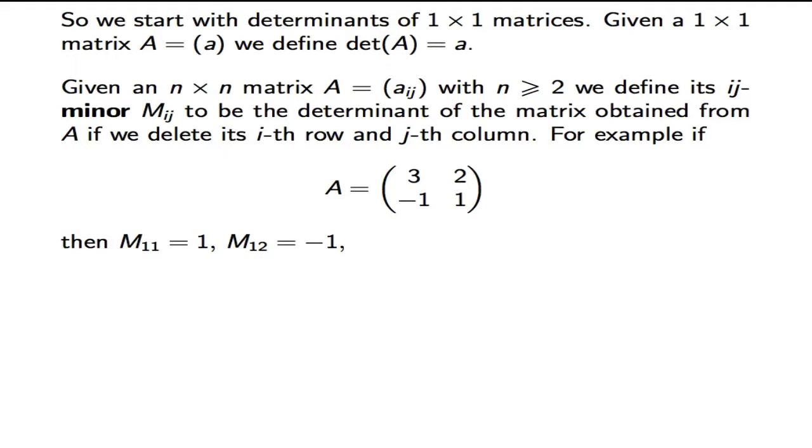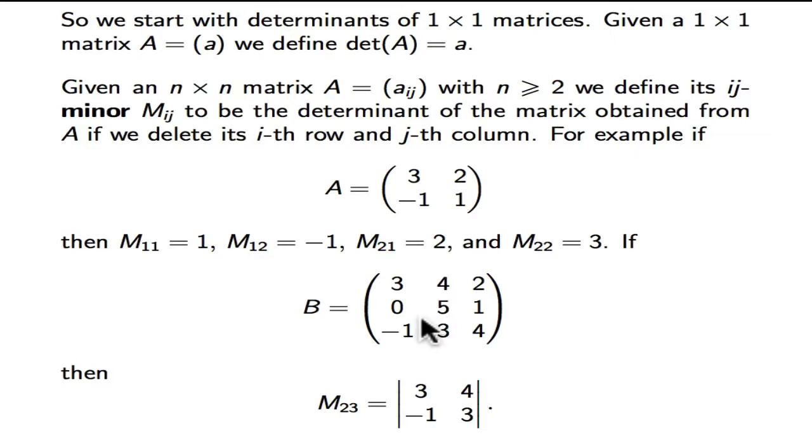What about M12? We need to delete the first row, second column. So we are left with this entry here. So M12 is minus 1. M21, we delete second row, first column, so M21 is 2, and M22, we delete second row, second column, so M22 is equal to 3.